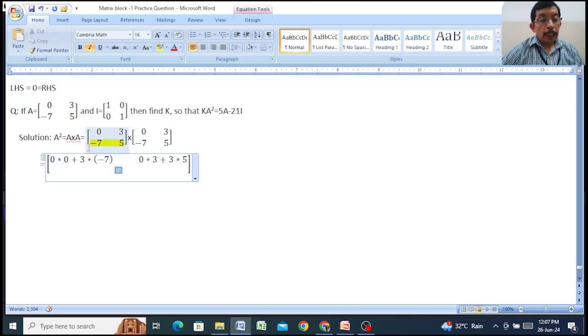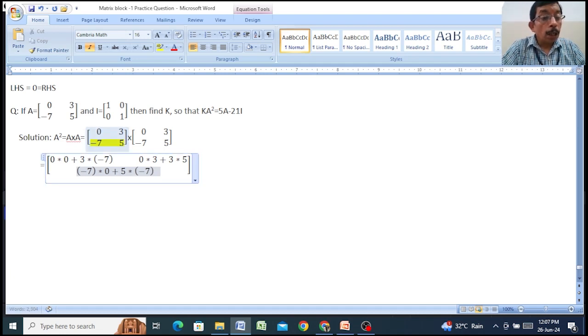The second row first element is minus 7 multiplied by 0, plus 5 multiplied by minus 7. So first minus 7 multiplied by 0, after addition the second element is multiplied: 5 is multiplied by minus 7. The second row first column multiplication is complete.